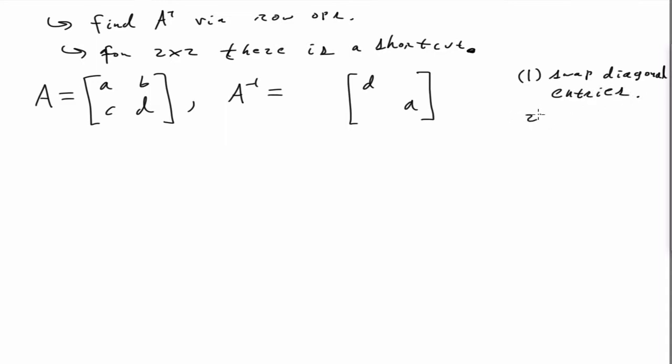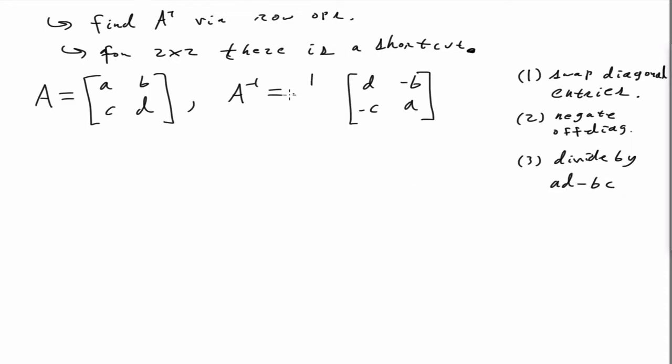The second thing to do is negate the off diagonal, so that'll be -C, that'll be -B. And the third thing to do is divide by AD minus BC. So we do this: AD minus BC.